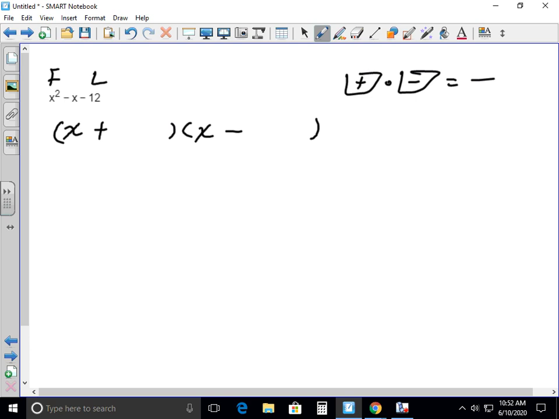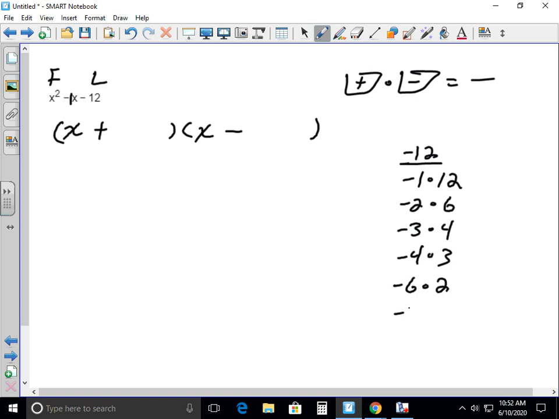So we need numbers that multiply to make negative 12, and our coefficient in the middle is negative 1. So to get negative 12, we could have negative 1 times 12, negative 2 times 6, negative 3 times 4, negative 4 times 3, negative 6 times 2, or negative 12 times 1. Notice all those multiply to make negative 12.